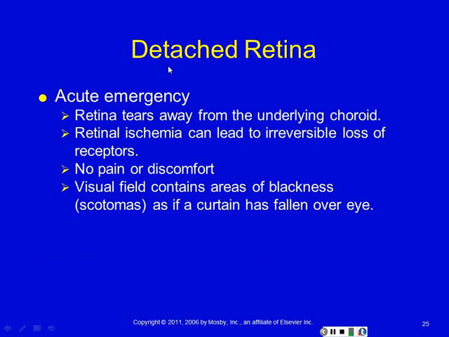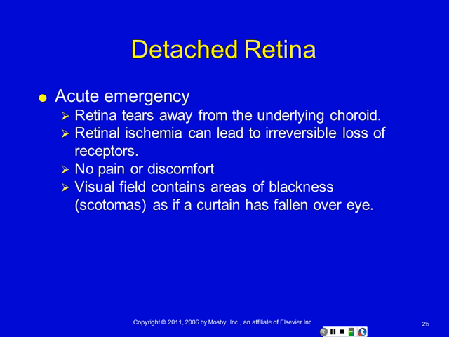Okay, so moving from the front of the eye to the back of the eye, a detached retina is just what it sounds like. Essentially, the retina is relatively loosely attached to the back of the eye. So here's the retina attached to the optic nerve. In detached retina, part of it or all of it basically comes off, and it just kind of sits on the inside of the eye.